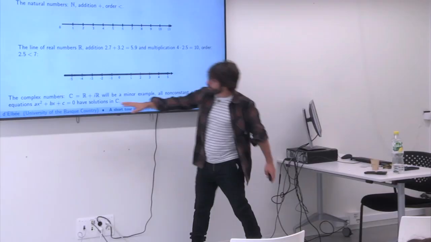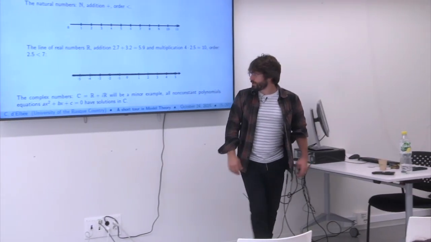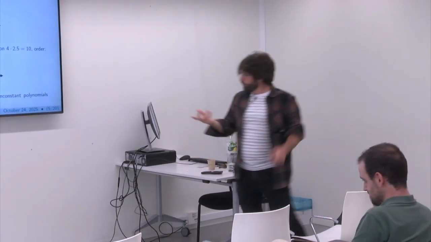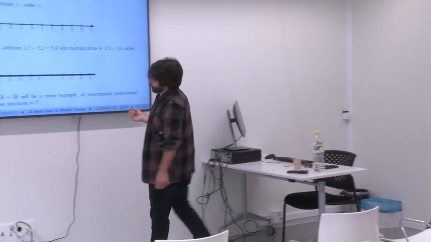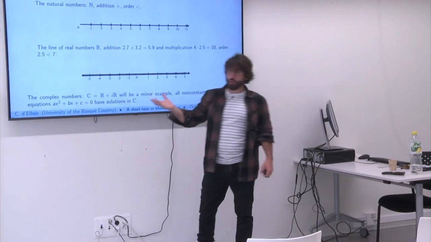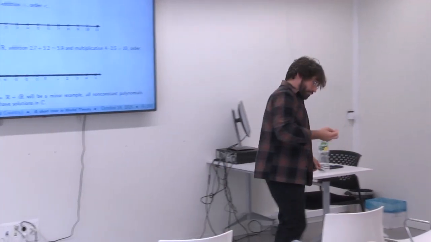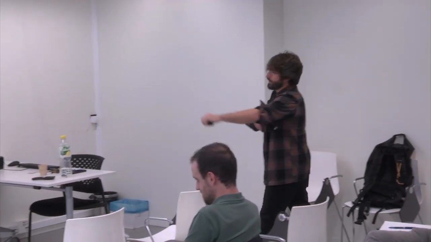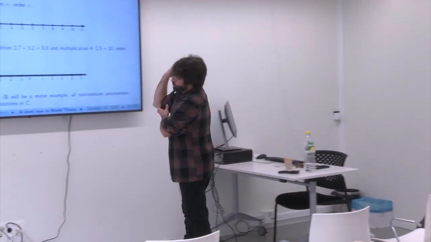There are also the complex numbers, which we'll mention a little bit, which are a sort of generalized real numbers. It's a little bit bigger. It is a very important notion in mathematics. It seems a bit abstract, but in fact it is very natural in physics.